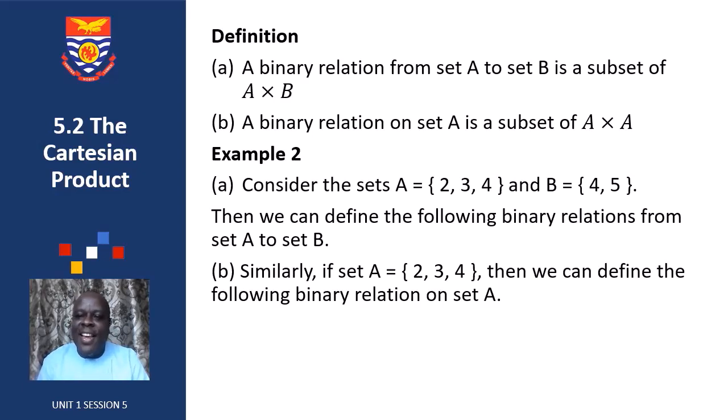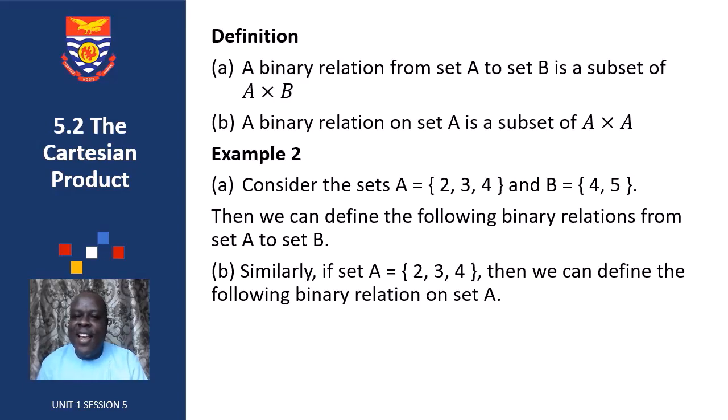Consider the set A, which is {2, 3, 4}, and the set B, which is {4, 5}. Then we can define the following binary relations from set A to set B. Similarly, if set A is equal to {2, 3, 4}, then we can define the following binary relations on set A.